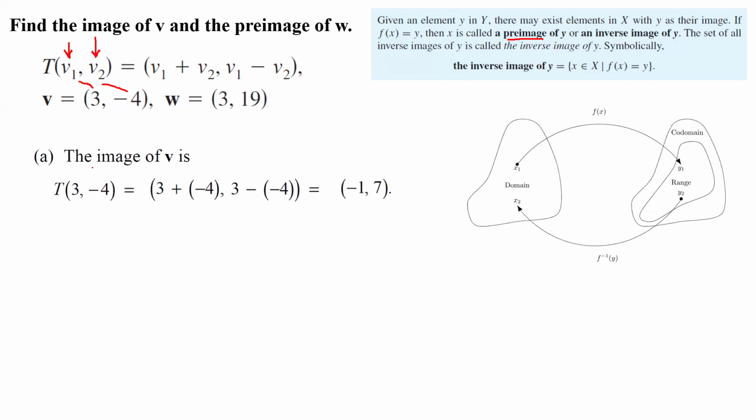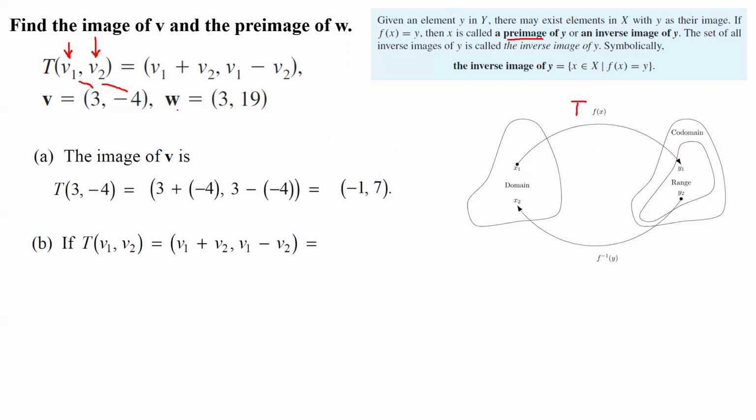So again, your function takes an element v, 3 and negative 4, and maps it to the second set, to negative 1 and 7.